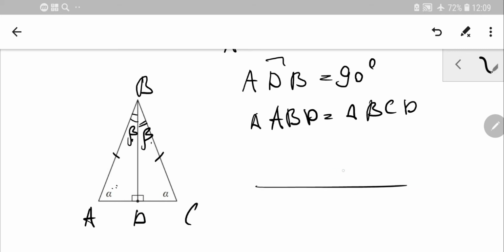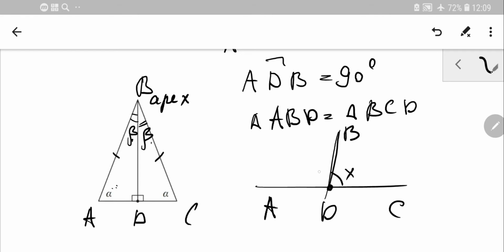But what if we have a straight line, the segment AC, and a point D from where we have a line that goes to the apex, and we need to prove that angle X equals angle Y. We've already proved this using congruence, but in this case we need to find the measure.